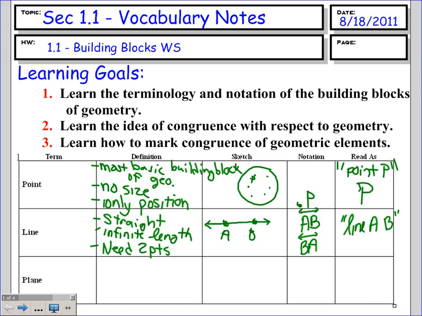Okay. Plane. I always picture a piece of paper just sort of sitting out here. Basically the floor right here is a plane. It's a 2-dimensional object that just goes on forever in every single direction. So basically, the ground, if there were no curbs or steps or anything.